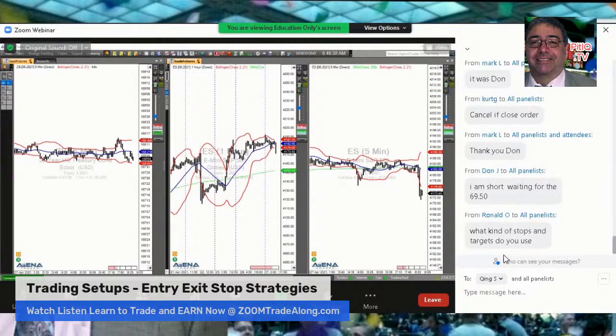We use initially, depending on volatility, a 2-point stop with a 2-point target, 2 to 3-point stop with 2 to 3-point target area, all depending on how much risk you want to take. But initially, minimally, that's 2 to 3 points. So obviously, if you're trading multiple contracts, you could scale out as more.